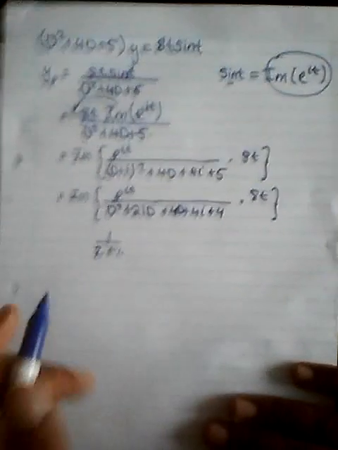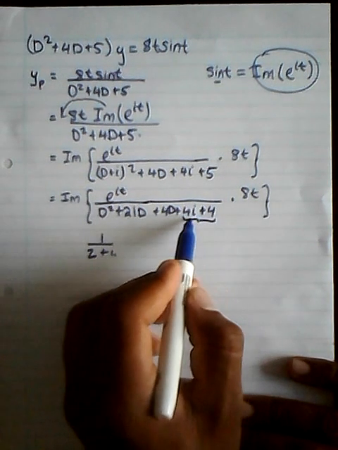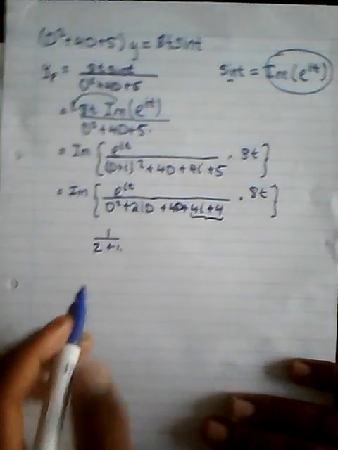Now we need to write this fraction in the form 1 over 1 plus z. We do that by factoring out our constant, which is 4I plus 4.